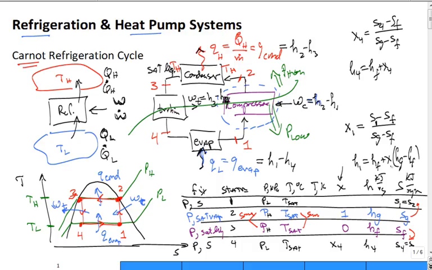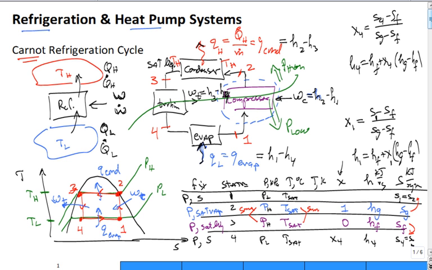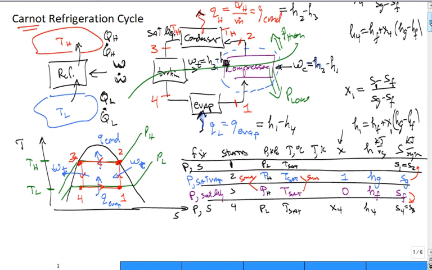I should have put a quality at 1 right there. Times Hg minus Hf. Once I populate my table for the states and all the properties, the most important are going to be those enthalpies, because the enthalpies allow me to calculate the Q's and the W's for the major components.